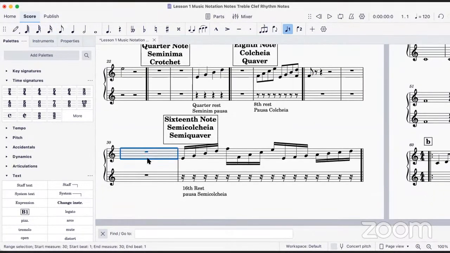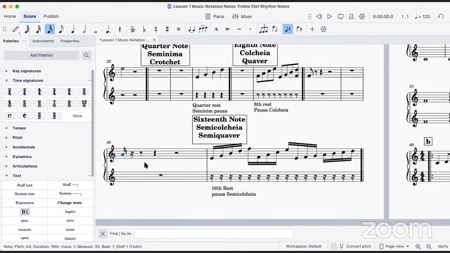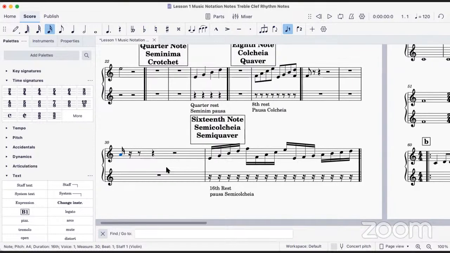16th note, let me put here a 16th note. 16th note has the colored head, one stem, and 2 flags or 2 crochets. And the rest has 2 flags here on the left side, no head and just a stem. 16th rest, 8th rest, quarter rest, half rest.